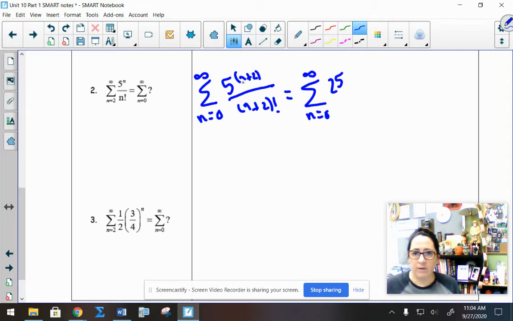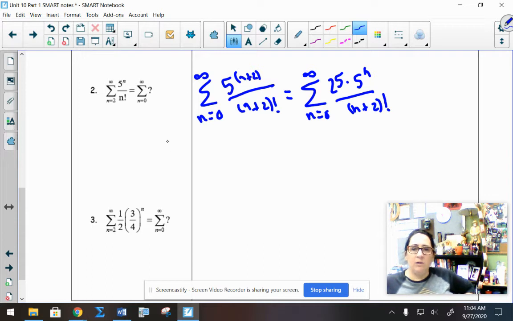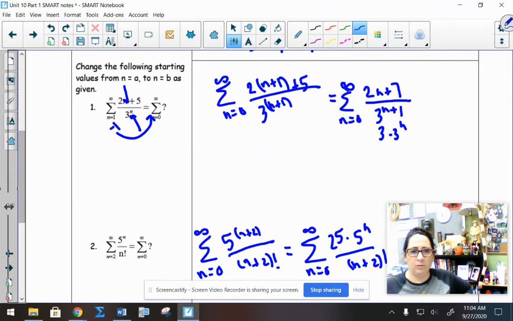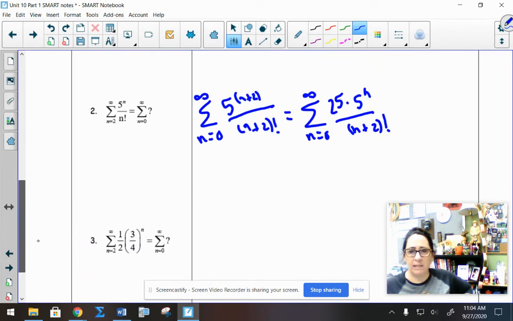So let's just think about this for a second, actually, before we move on. Let's put in some terms and see how they actually are the same before we go. So let's go get maybe purple. Let's start this one here at 2. So this would be 5 squared, 25, over 2 factorial, okay?